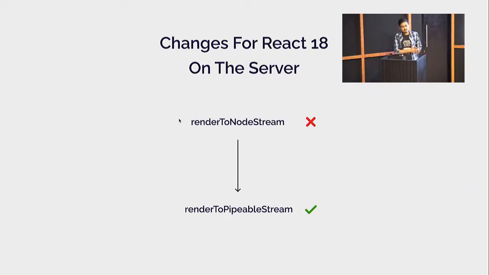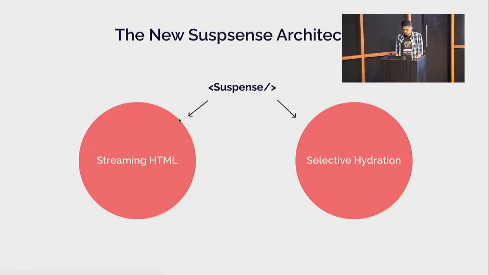It has the same benefits as the previous method, but it unlocks a new architecture for Suspense, which we'll see later, which allows us to fix the problems we saw with server-side rendering just before. What it unlocks is the new Suspense architecture, and the new Suspense architecture has two really cool things.